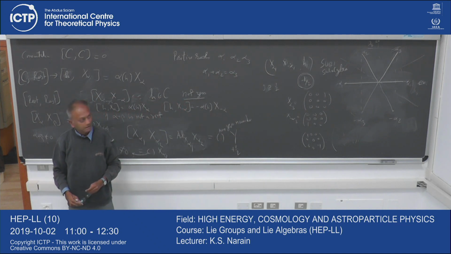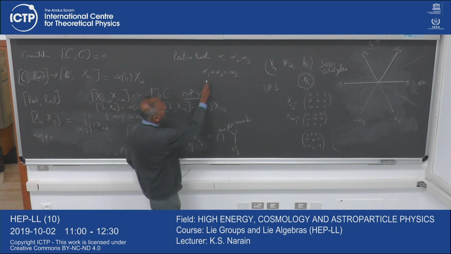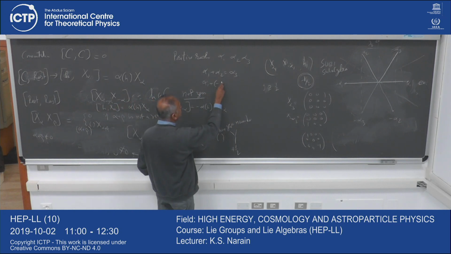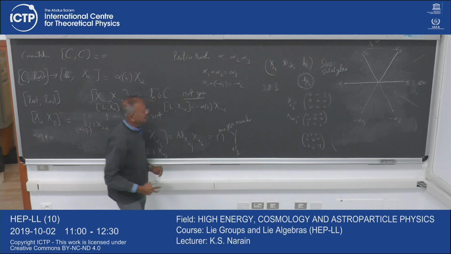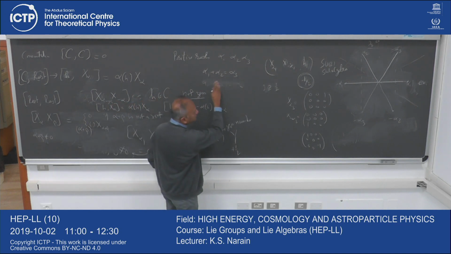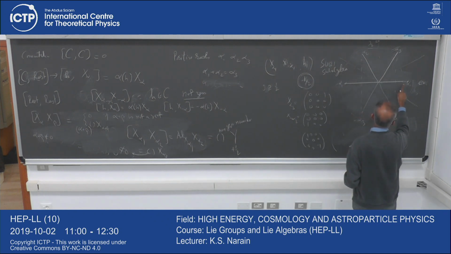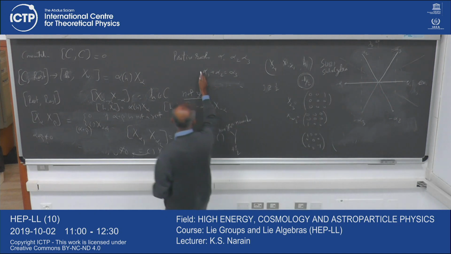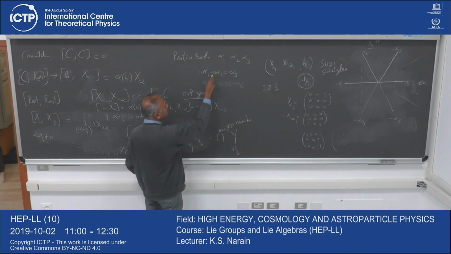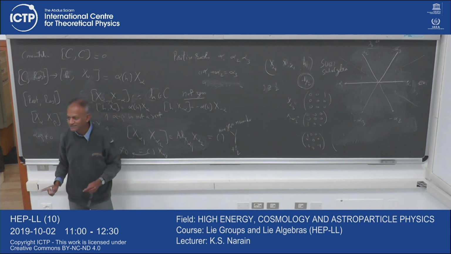On the other hand, alpha 1 plus minus alpha 3 is equal to minus alpha 2. The important point is that the coefficients I am writing here are non-negative.